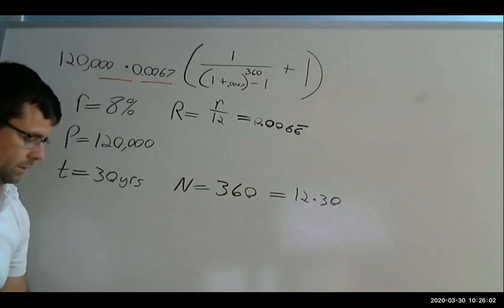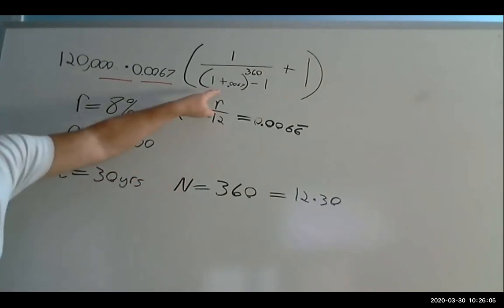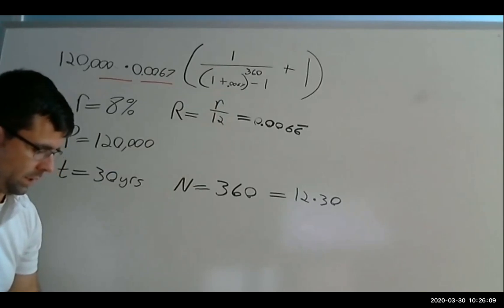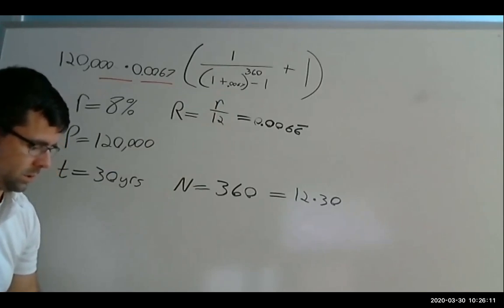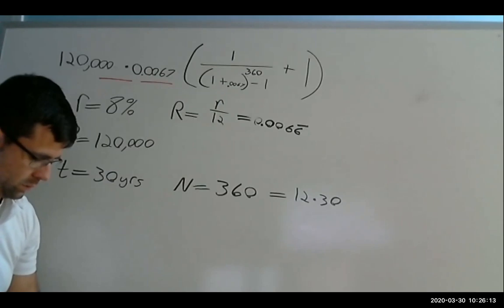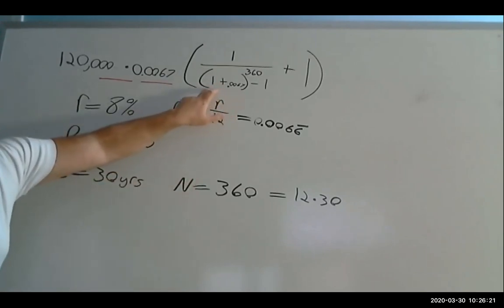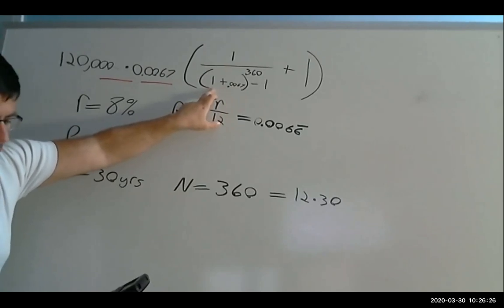So if we do this part, we get 1 plus 0.0066 to the 360. We get almost 11 right here. It's 10.95.